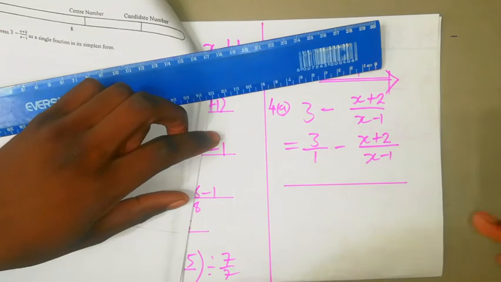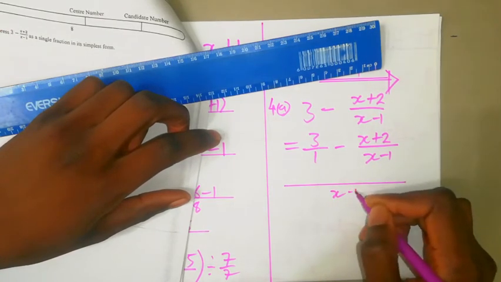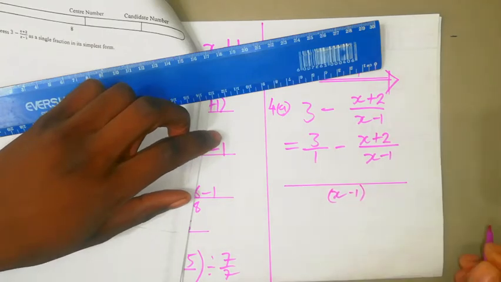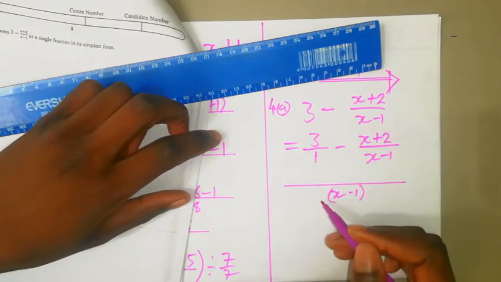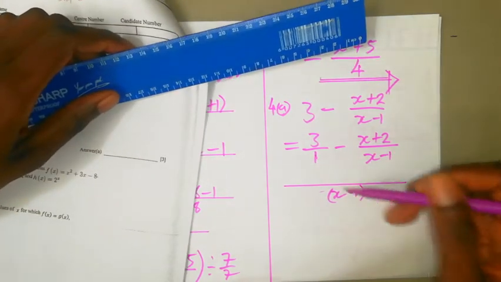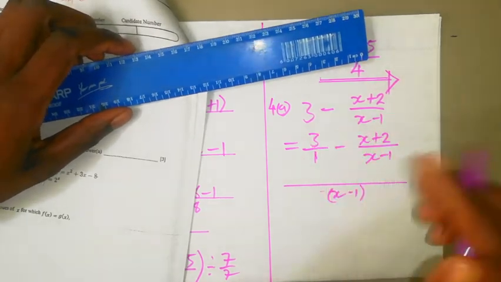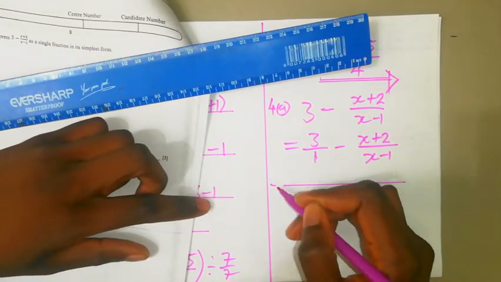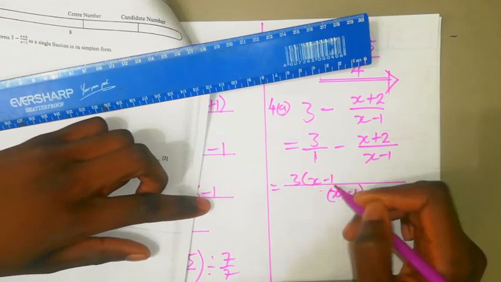Since this is a 1, it's not necessary for me to put down that one. I'm just going to say x minus 1, but this one is supposed to be in brackets. For instance, if it was 2 here, I was going to put down my 2 there. In this case, it's 1 into that one. There's no change. Then this one times that, it's 3 times x minus 1 close.